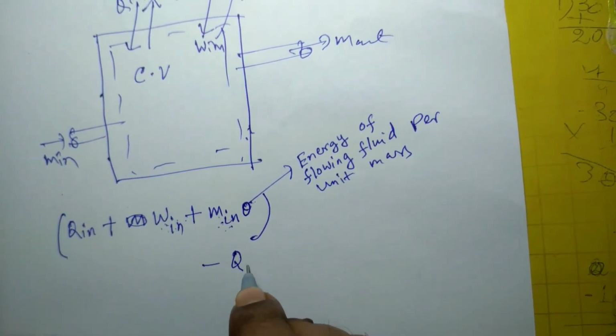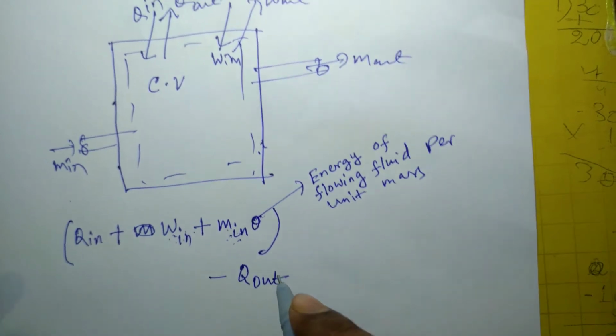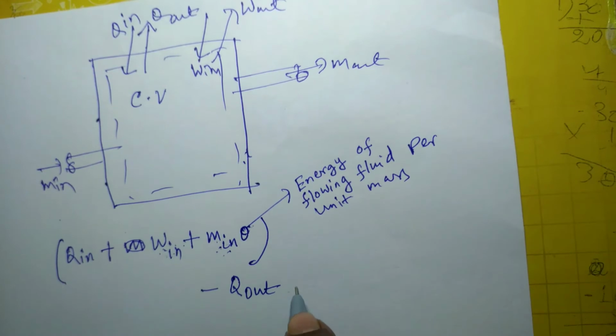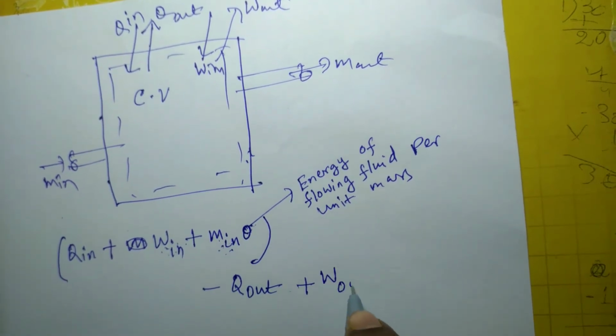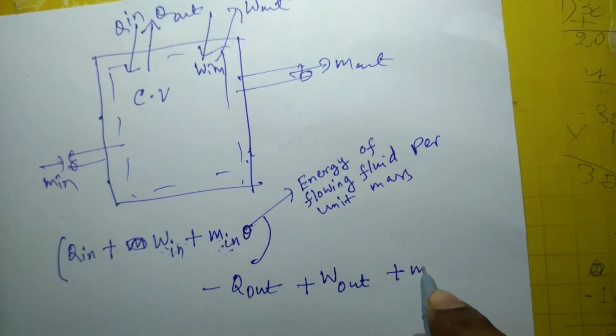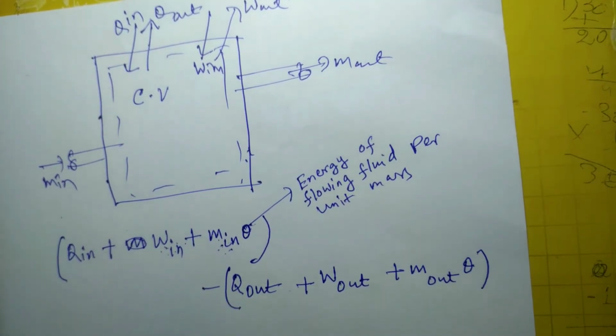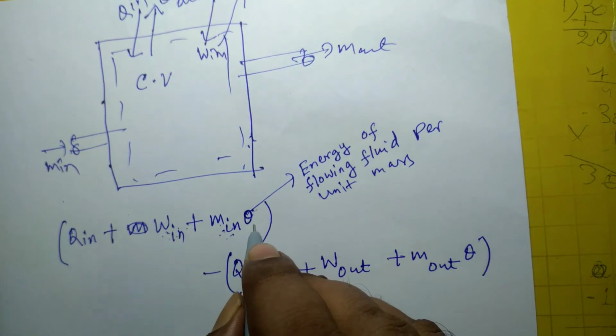Q in, Q out. Suppose there may be cases when Q may go out of the control volume. Q out plus W out plus M out theta.